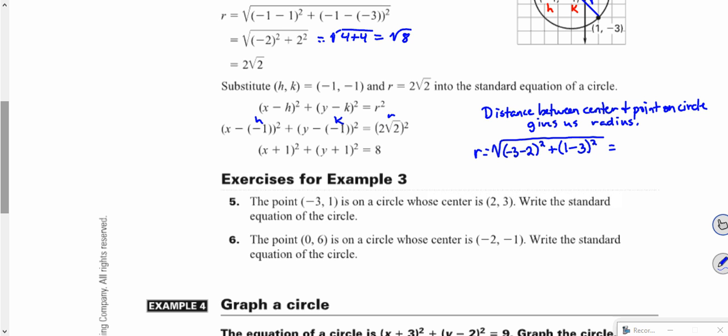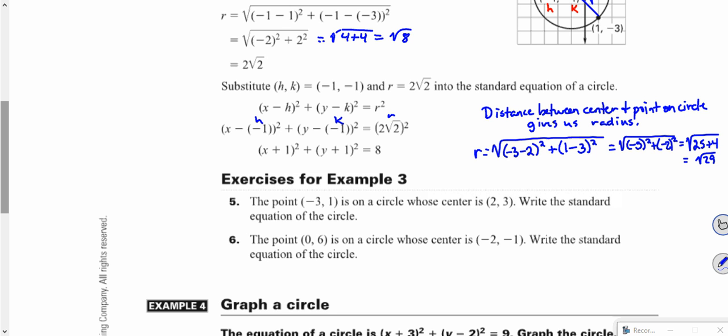So negative 3 minus 2 squared and 1 minus 3 squared gives us the square root of negative 5 squared plus negative 2 squared. That is 25 plus 4, or square root of 29. I hope you guys see that. Square root of 29.